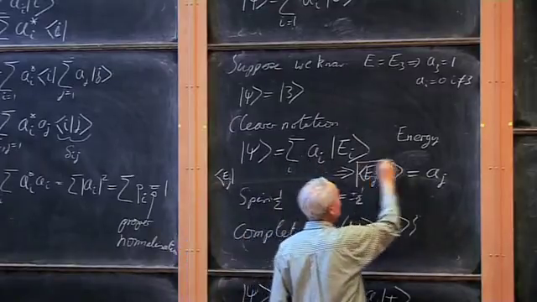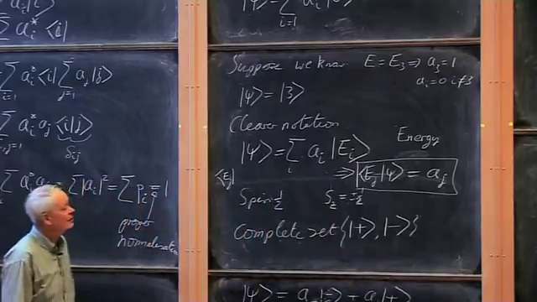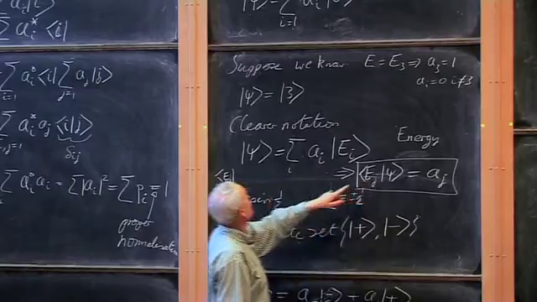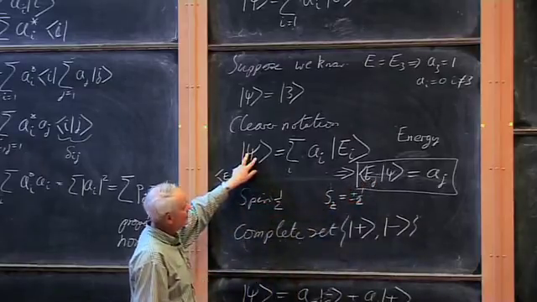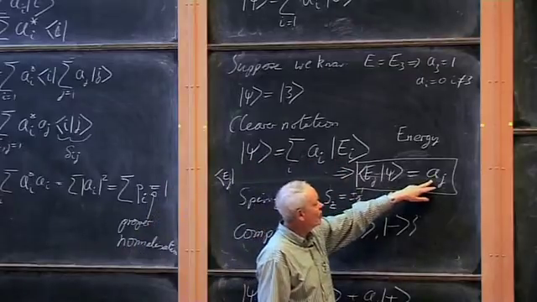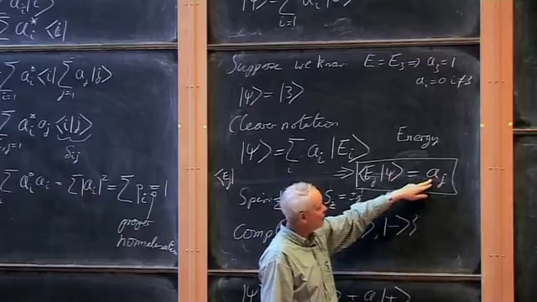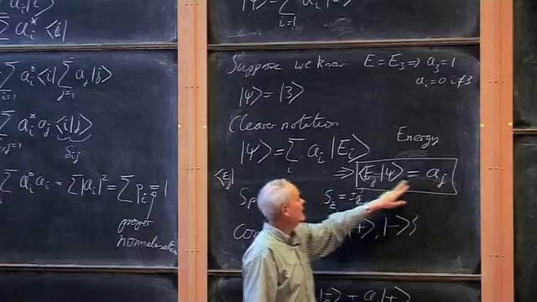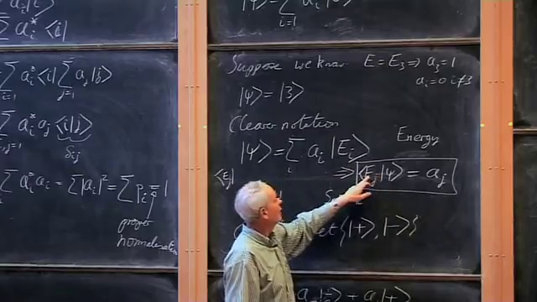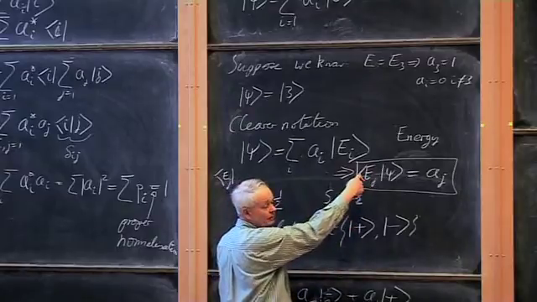Now, this is an obvious equation, but it's fabulously important, and it tells us really why we're interested in these animals here, because it means that given a state of my system, it enables me to recover the amplitude for measuring Ej out of the state of the system. The rule is to get the amplitude for something, take the state of your system and bra through by the bra associated with the result, the interesting result of your measurement.